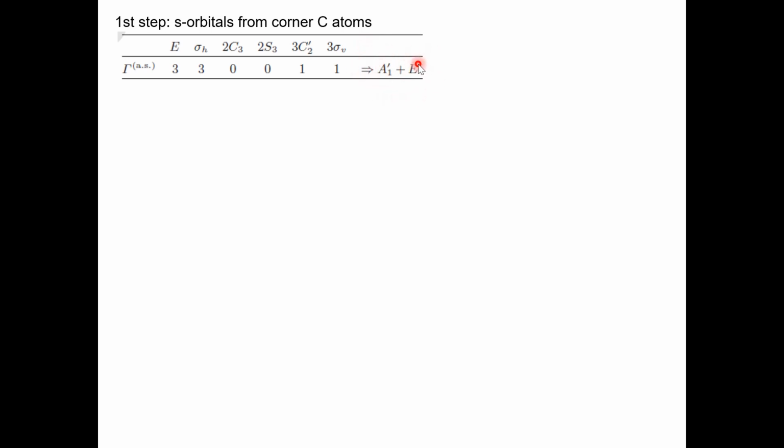And this is the same as we have seen many times already. So for S orbitals, the different combinations that I can make are essentially the same as the decomposition of the atom site representation. So I can make A1 prime and E prime representations.